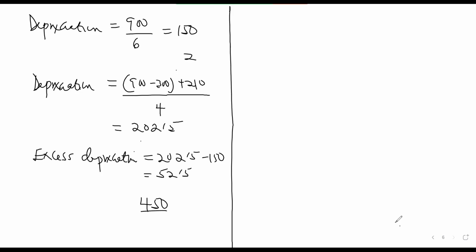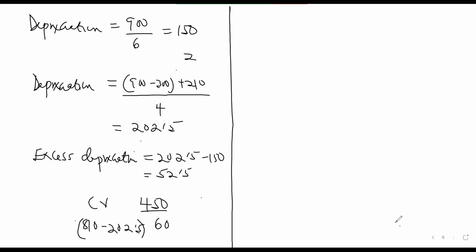But what is the carrying value reported for this year based on the revaluation? That will be 810 minus the depreciation charge for the year, 202.5, which gives 607.5.